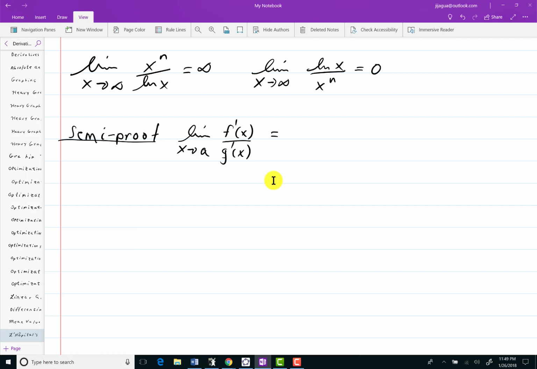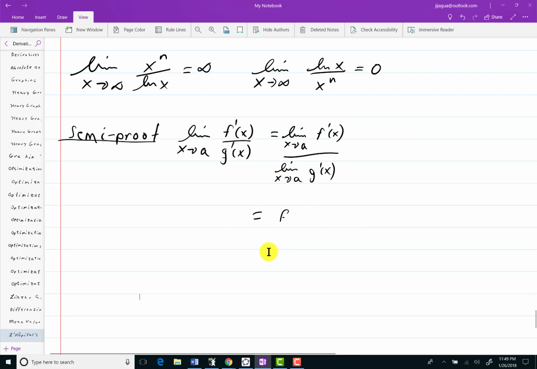This is the limit as x goes to a of f prime of x over the limit as x goes to a of g prime of x. That's just a general rule of limits, so long as these limits both exist.